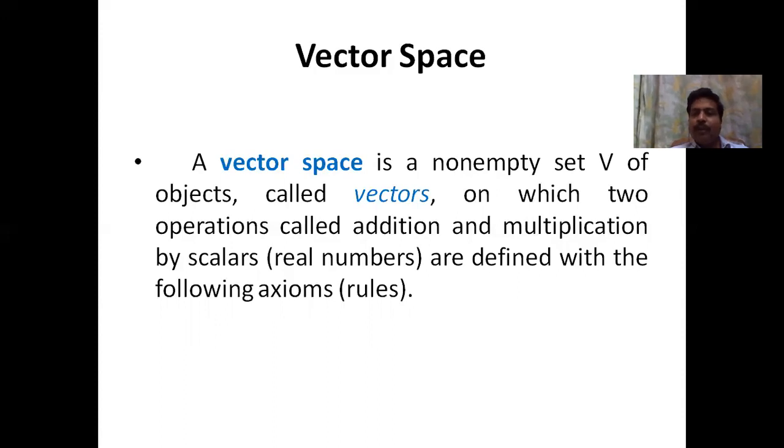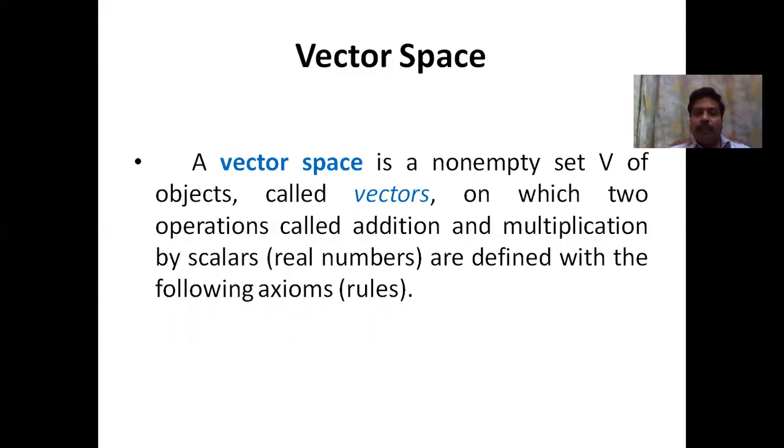So addition may be adding two chemicals, adding two signals, or anything. This need not be usual addition. So we can take objects also. Actually, the set consists of any type of objects. The thing is, the objects are to be well defined.